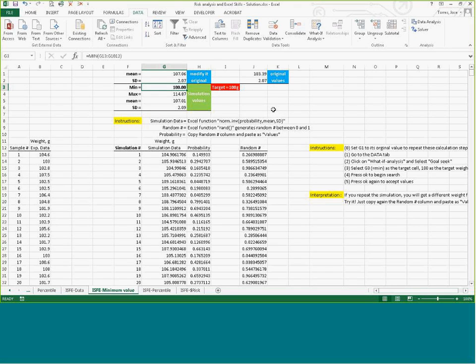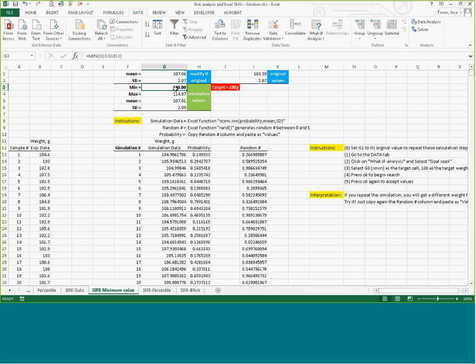The problem with this approach is that extreme values are very difficult to predict. So this 100 minimum is the lowest value generated by this random distribution, and that is very difficult to achieve.